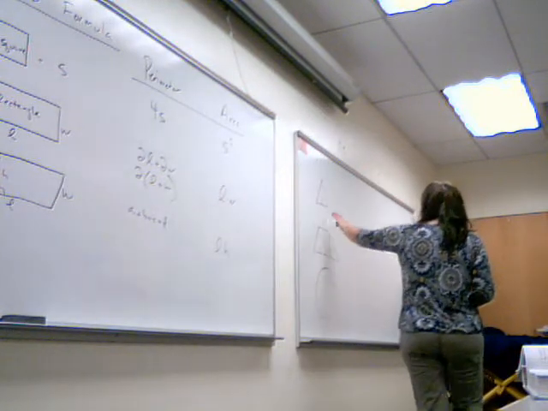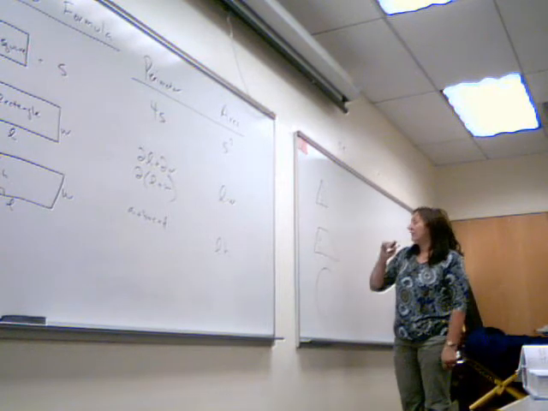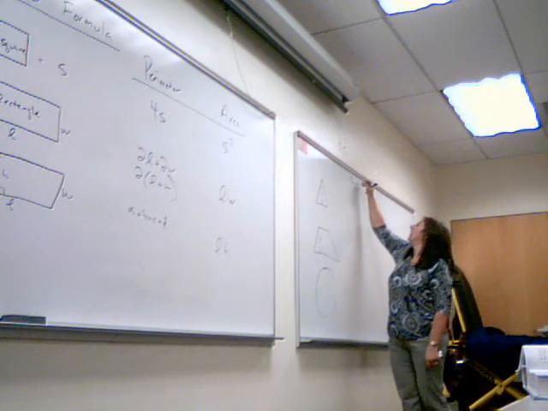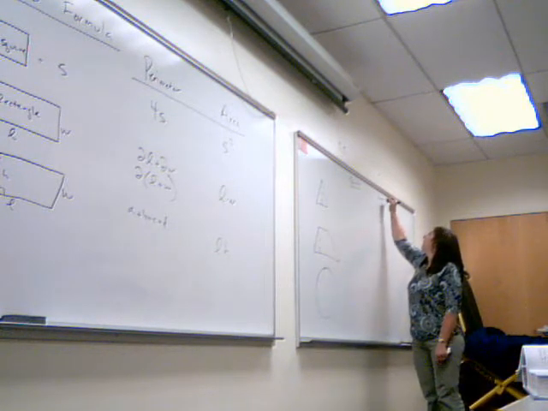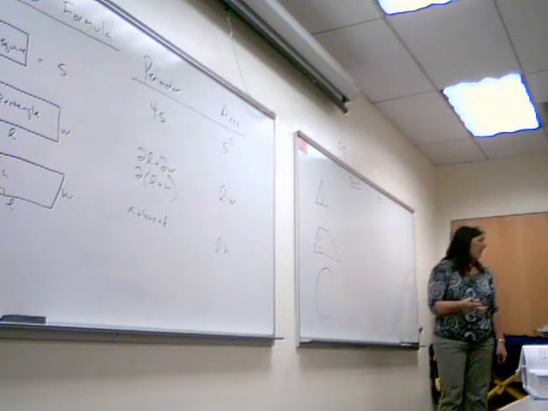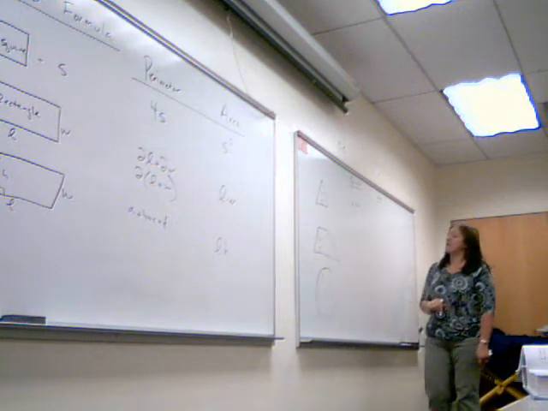Okay, what about my triangle? Now again, you're going to have heights here. Okay? And with my triangle, well, I'm just going to add up all the sides. Okay, so that's just A plus B plus C for perimeter.